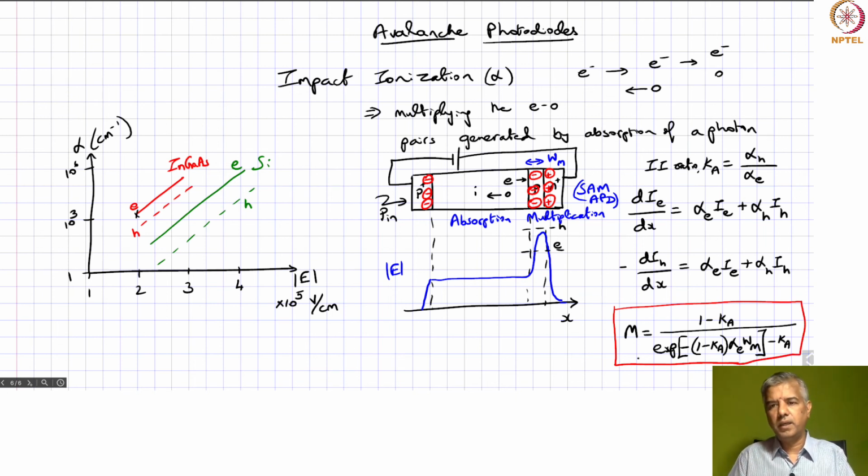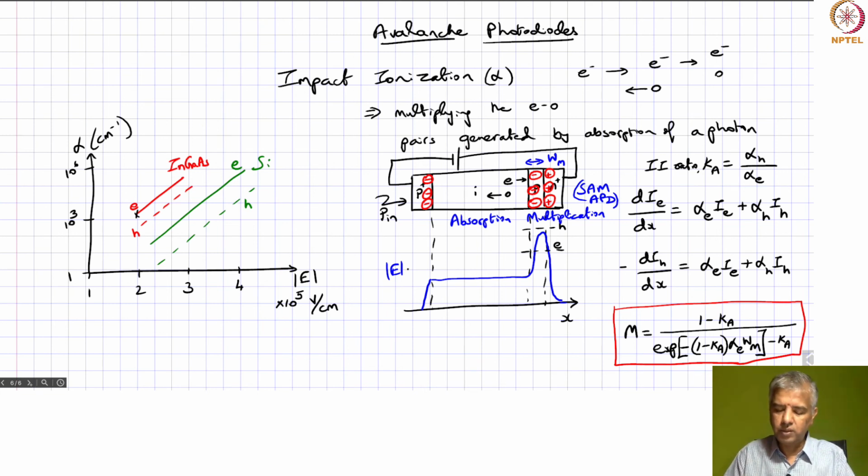depends on Ka, which is a constant for any given material. So you can pick the material based on its value of Ka. And then what are the other parameters? You have alpha E, which you can control. How do you control alpha E? If you go back and look at this graph, it's controlled by controlling the electric field.